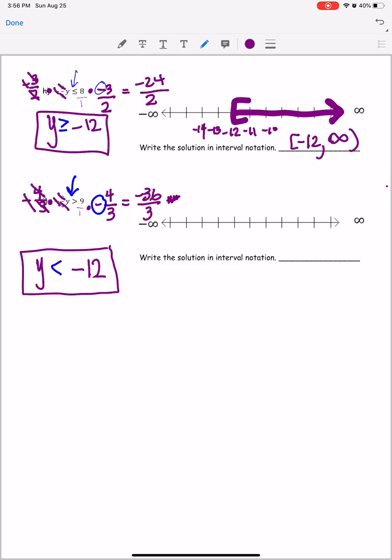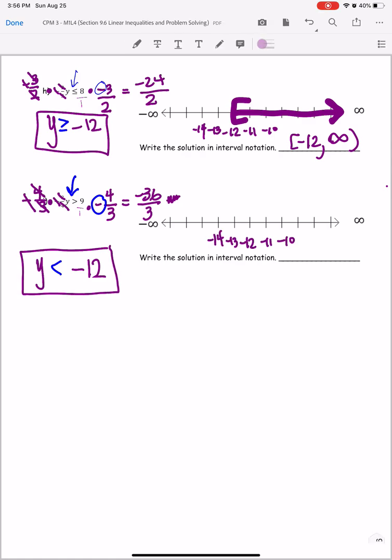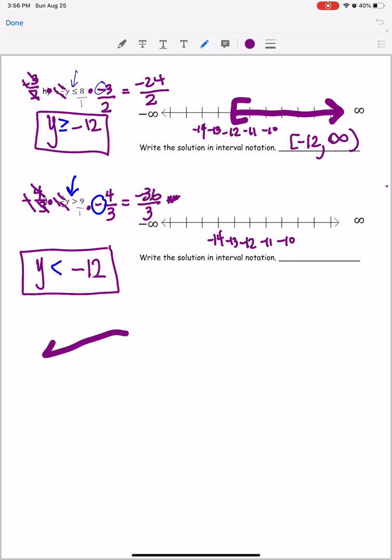So my graph's going to look almost the same. We've got negative 12, negative 11, negative 10, negative 13, negative 14. It's going to look almost the same, except for now my graph is pointing to the left. Use that as a symbol. It's pointing this way.